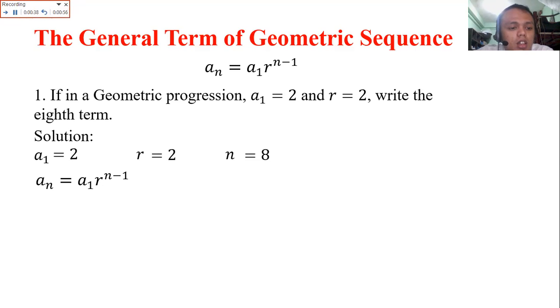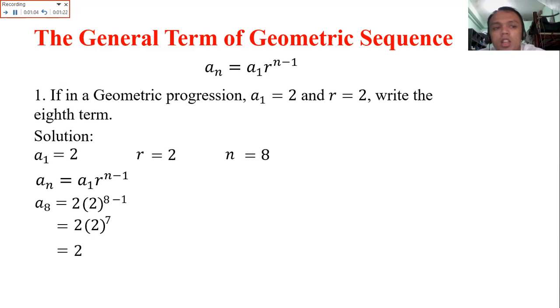Then substitute. Your a sub n is equal to a sub 8, since the last term is being asked. Then a sub 1 is 2, your r is 2, raised to n, which is 8 minus 1. So 2 times 2 raised to 8 minus 1 is 7. Then we have 2 times 2 raised to 7.